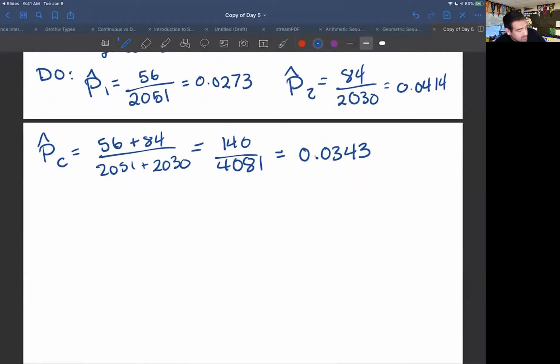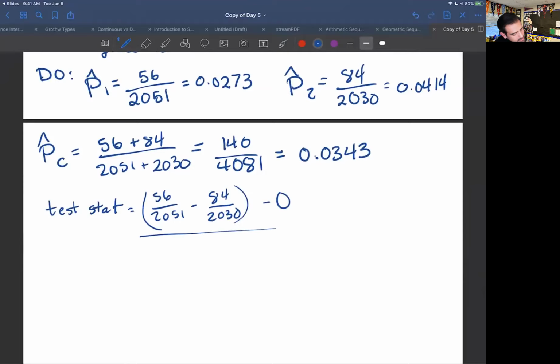If you wanted to do it by hand, you could say that the test statistic is P1 minus P2 minus 0, right?